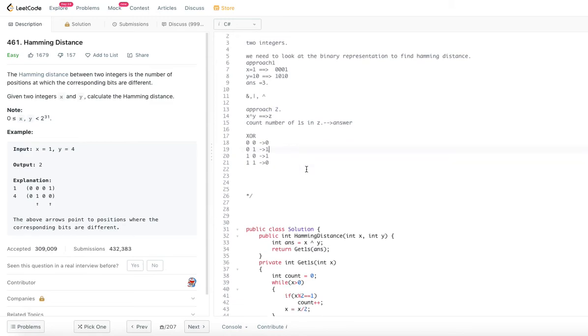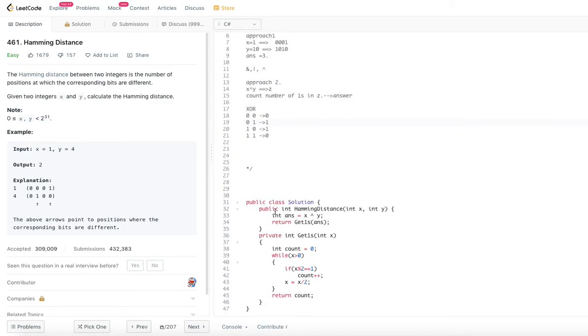Okay, let's go ahead and look at it. So simply I am doing X XOR Y. I am calling it answer, and then I have a private method here to count the number of ones in the answer. This getNumberOfOnes is going to take this parameter, and then it's going to count the number of ones while x is greater than 0.